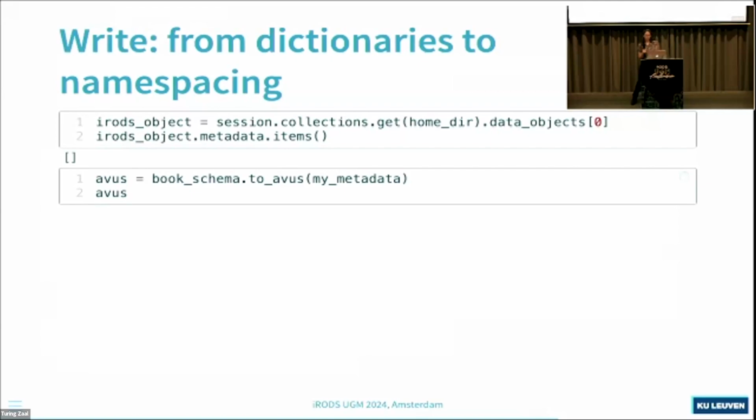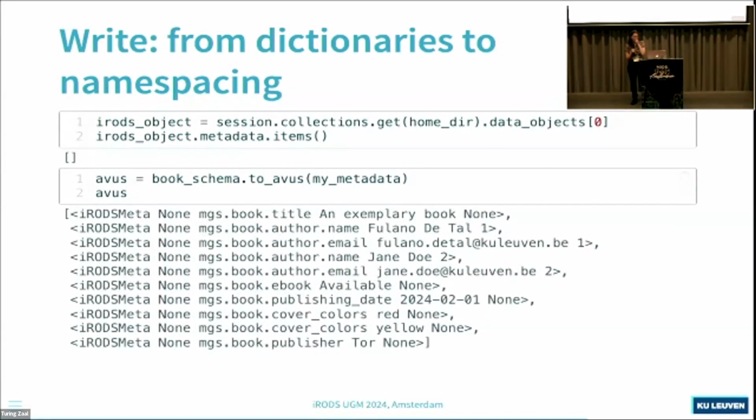So what's the part that you actually need for iRODS, getting to what you would use? Suppose you get this data object, which doesn't have any metadata, you got the metadata that I showed before, and you want to turn it into AVUs. So it's going to add the namespaces that we define. It starts with a prefix MGS for Mango schema, but you can change the prefix when instantiating the schema class.